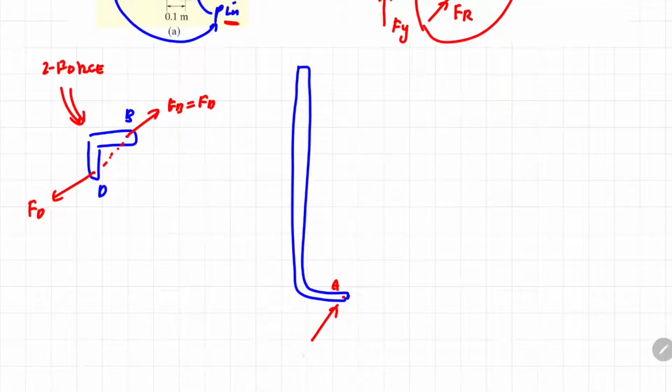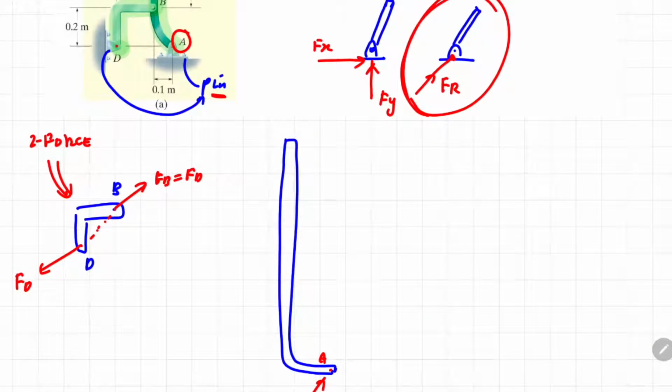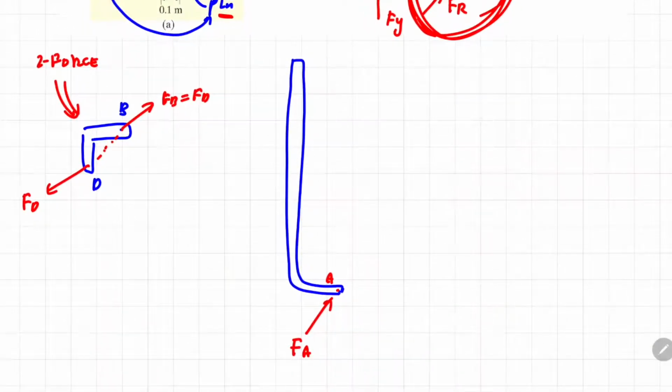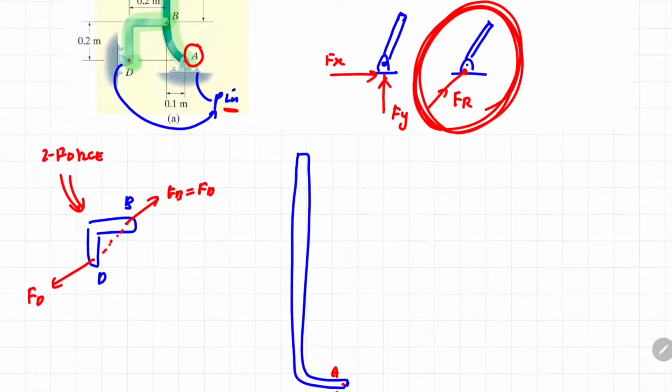I'll just call this FA. Again, similarly, I use this kind of force reaction. How about point B? Just now, point B was upward, right? So the reaction is usually opposite. So this is the force at point B.